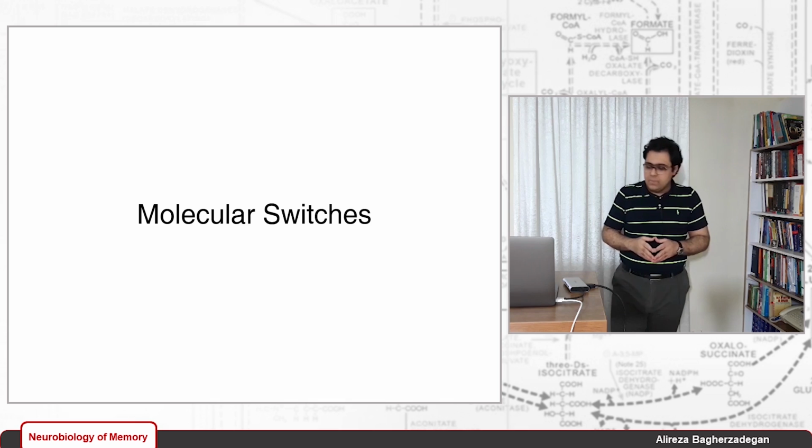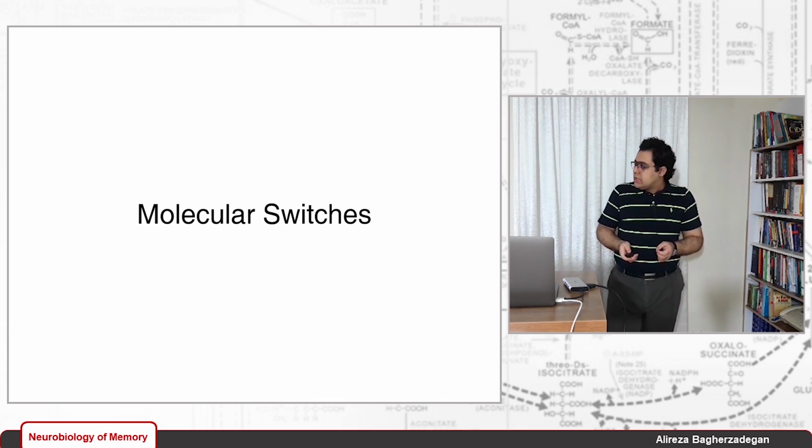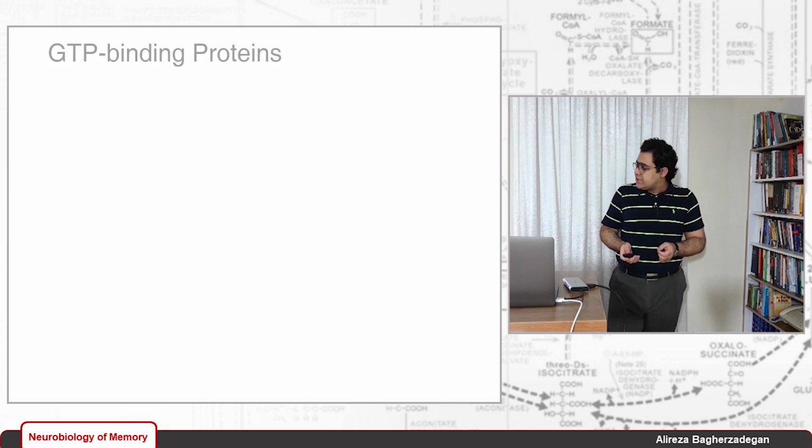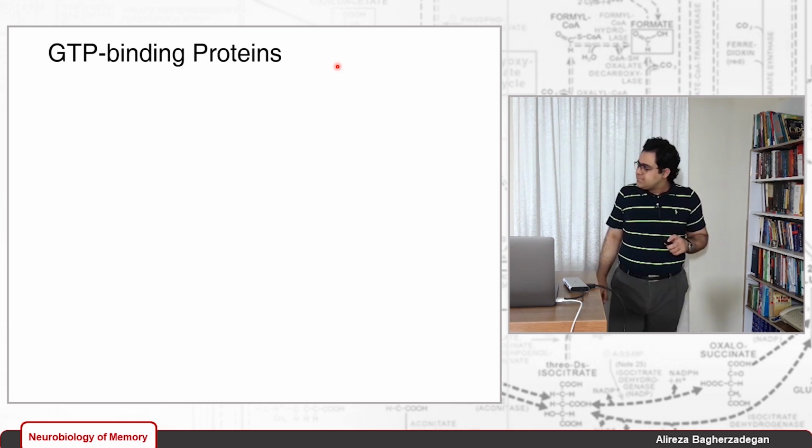Now let's talk about one of the most common molecular switches, which is GTP-binding proteins. GTP-binding proteins are proteins to which some GTP or GDP molecules are bound. They can also be abbreviated as G proteins. I mean, they're commonly known as G proteins.